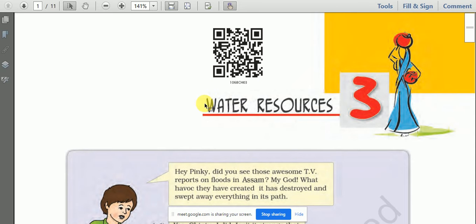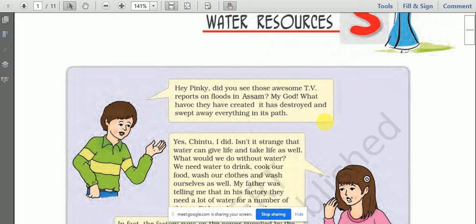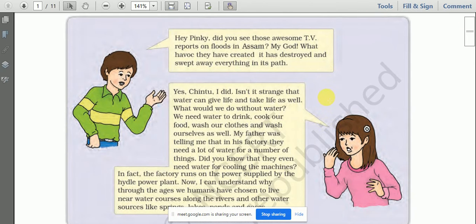So this is the third chapter, water resources. Here, first of all, you'll find a dialogue between Pinky and Chintu. The central idea of this dialogue is the importance of water in day-to-day life.